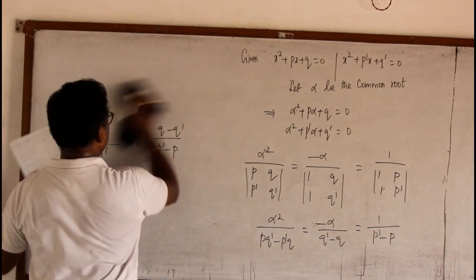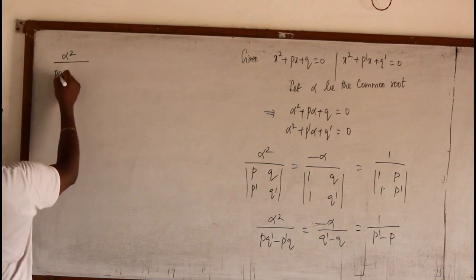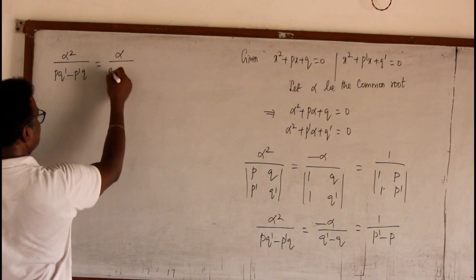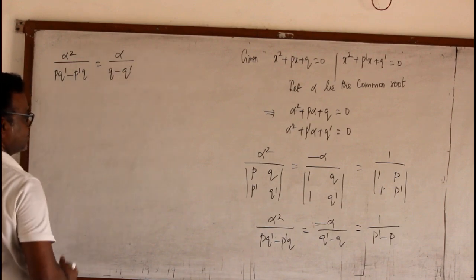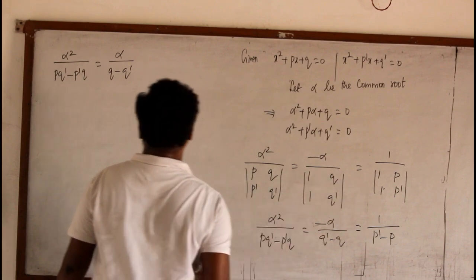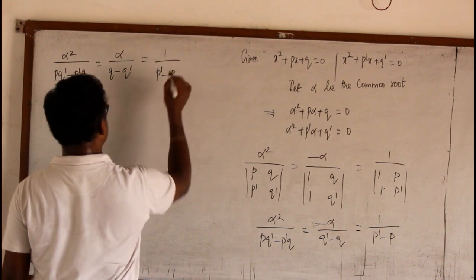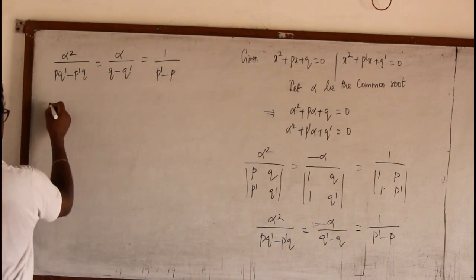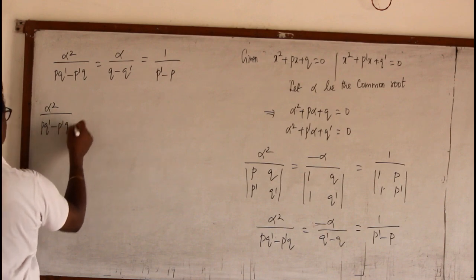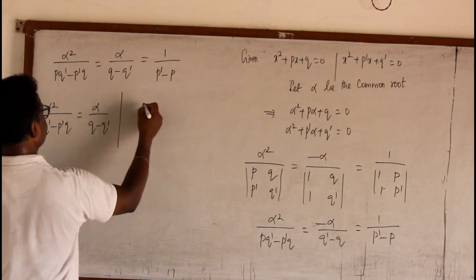Again, we shall go for further simplification. Alpha square by pq dash minus p dash q. If I write alpha, then it is q minus q dash. Q dash minus q becomes q minus q dash, which is equal to 1 by p dash minus p. Let me take these two: alpha square by pq dash minus p dash q equal to alpha by q minus q dash.